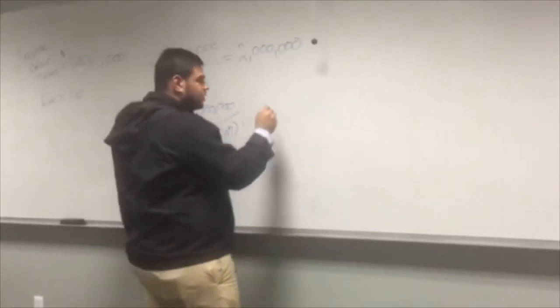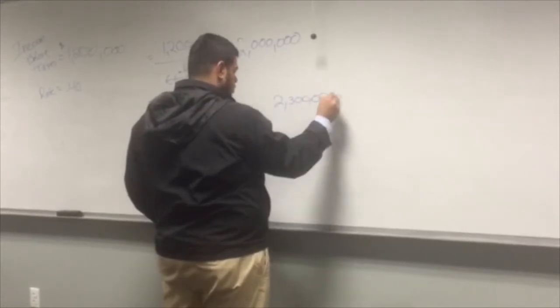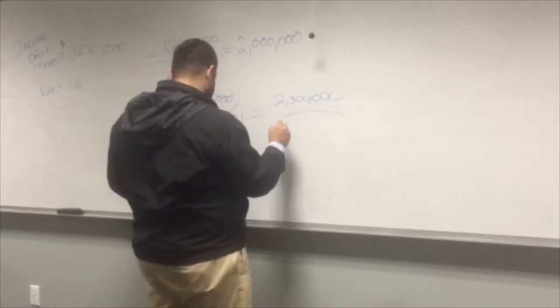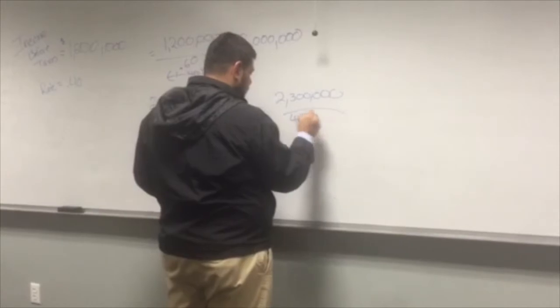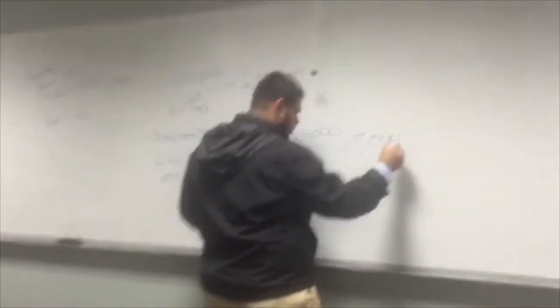So now we'll take the 2.3 million and divide it by the total number of units, which is 456, and that will give us 5,044 units.